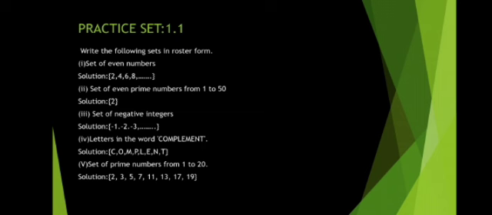It is a composite number because it can be divided by 1, 3 and 9. Then 10 is also not prime. 11 is a prime number. 12 is not a prime number. 13 is a prime number. So the answer is 2, 3, 5, 7, 11, 13, 17 and 19.